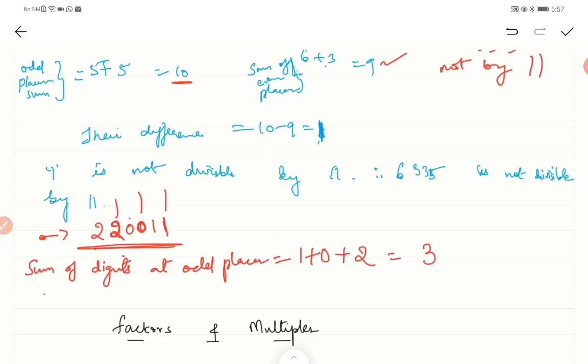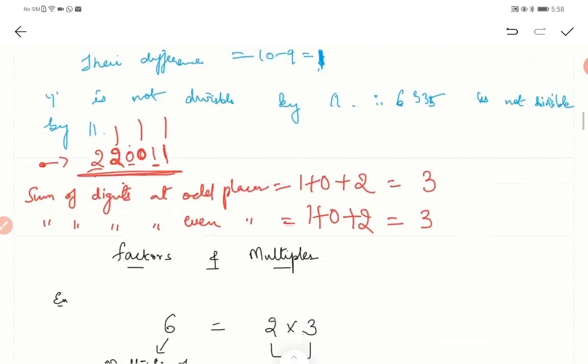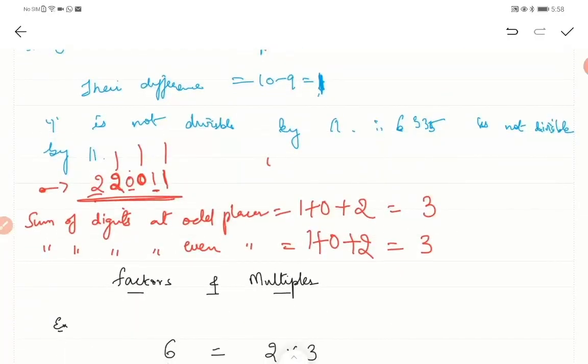Now the sum of digits at even places. The left out digits are 1 plus 0 plus 2, so again we get 3. You need to find the difference of the odd place digits and even place digits, that is 3 minus 3, which is 0.